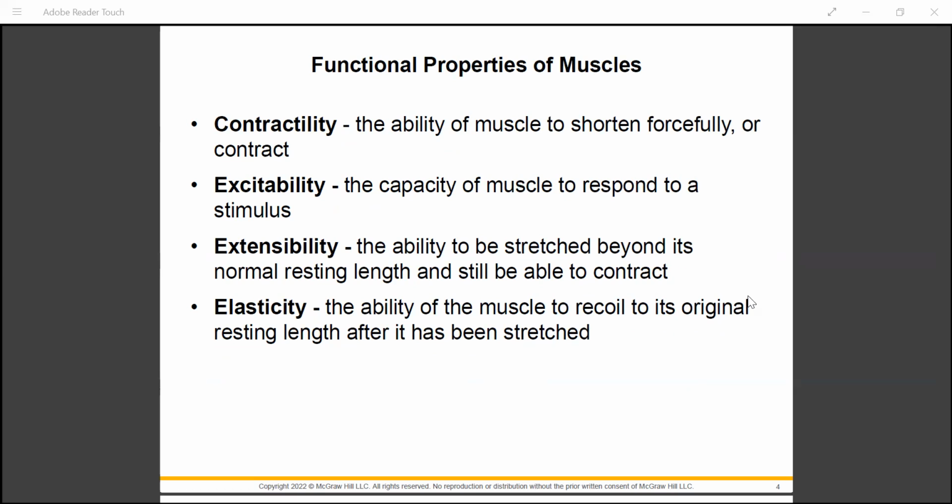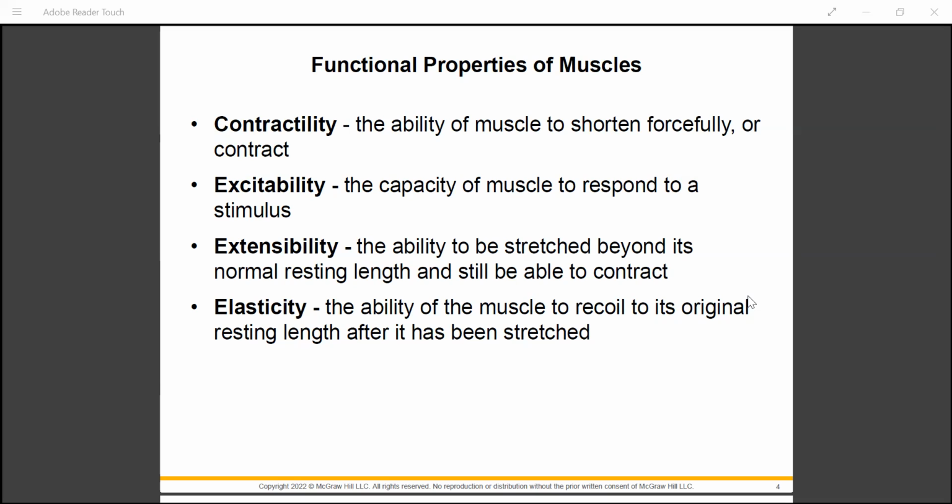Extensibility and elasticity go hand in hand a little bit. So extensibility is the ability of our muscle tissue to stretch beyond normal resting length and still be able to contract. We'll touch on this when we zoom all the way into our sarcomere later on in the lecture, but more or less, if our muscle gets stretched too much at some point, it will not be able to contract any longer.